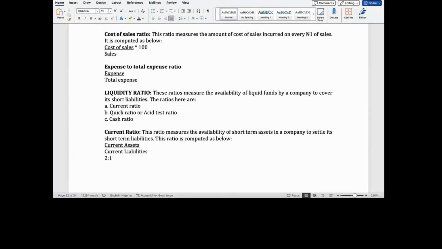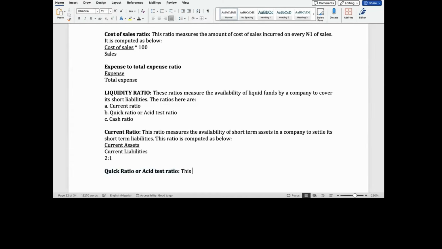But again, this ratio has some limitations in terms of measuring liquidity, because not all current asset items are actually liquid assets. And that is why we have the quick ratio, which is also called the acid test ratio. It is to correct the anomaly of that first one.